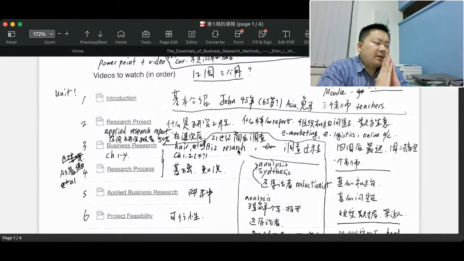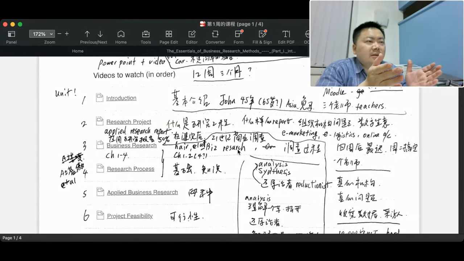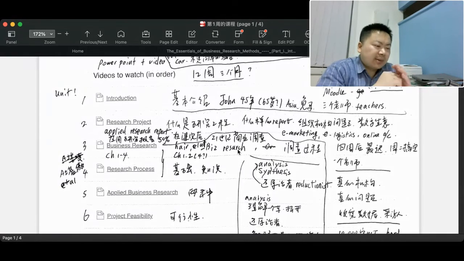They mentioned that the research project has to be within a real organization, so it can't be a fake company. It has to be related to the digital business aspect of the organization.